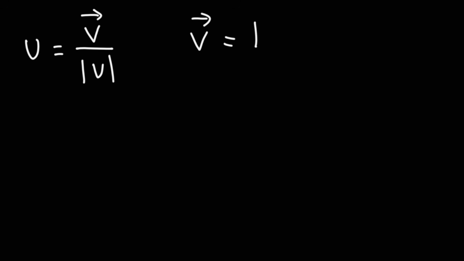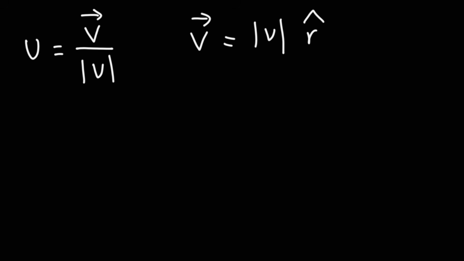Let's talk about unit vectors. If you want to calculate the unit vector of any other vector, it's equal to that vector divided by its magnitude. Now, if you rearrange this equation, if you multiply both sides by the magnitude of v, you get that the vector v is equal to the magnitude times r hat.